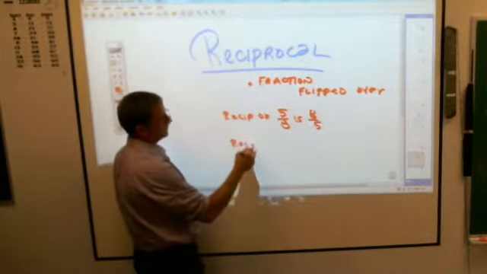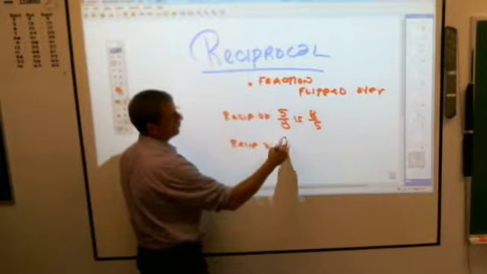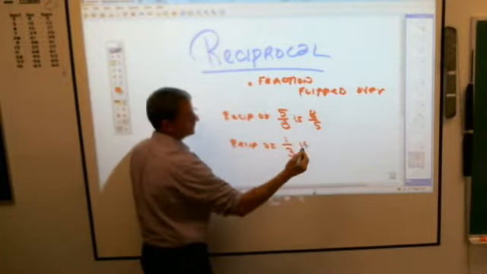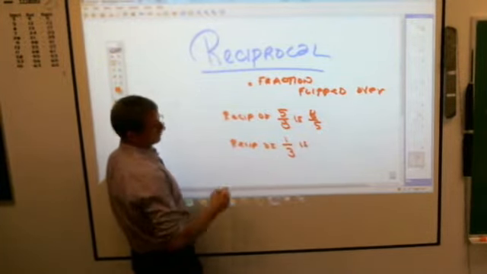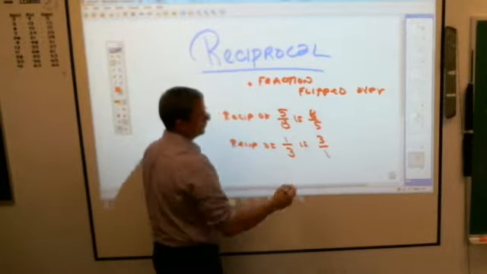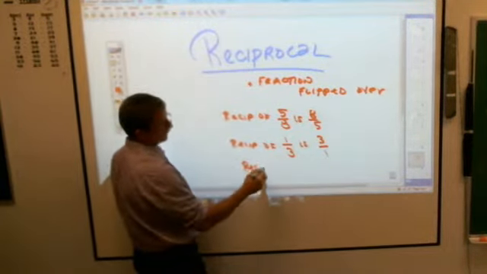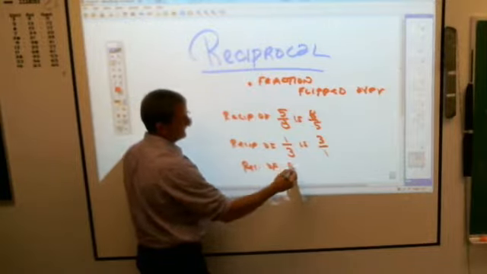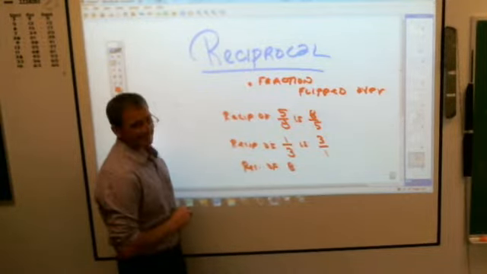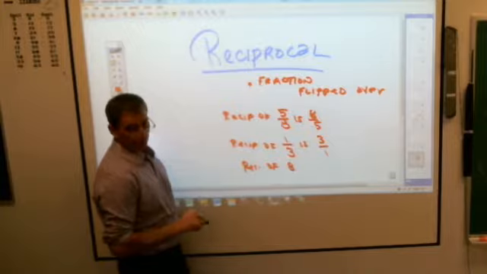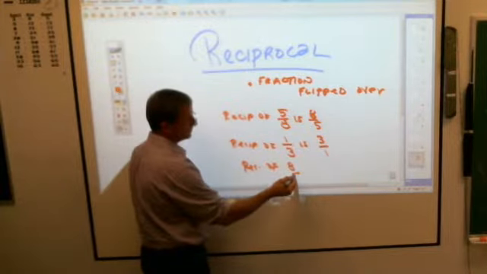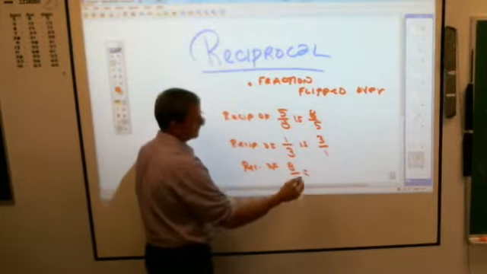The reciprocal of 1/3 is 3/1. What if I asked you for the reciprocal of 8? Well, 8 is not a fraction, but you can always make a number a fraction by putting it over 1. So Danny says the answer is 1/8.